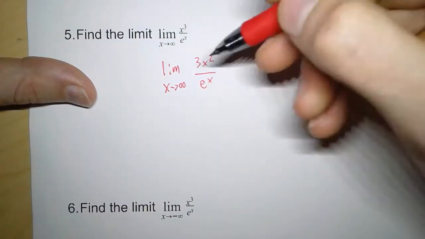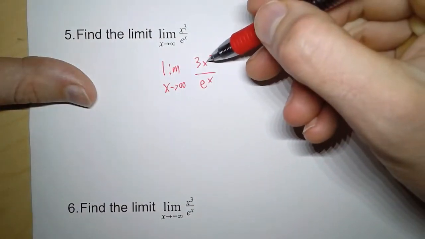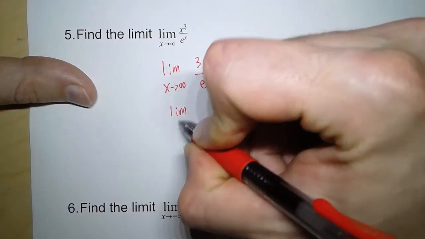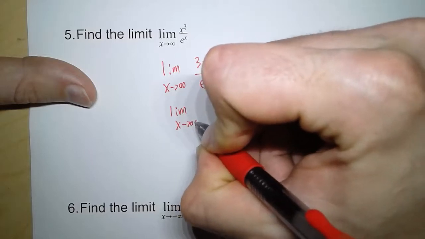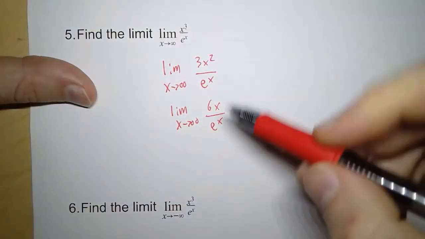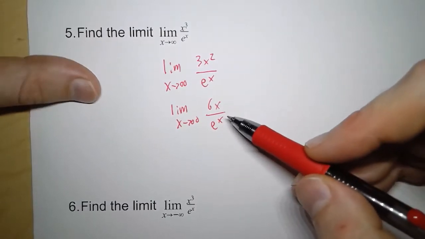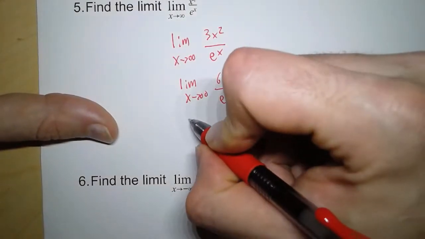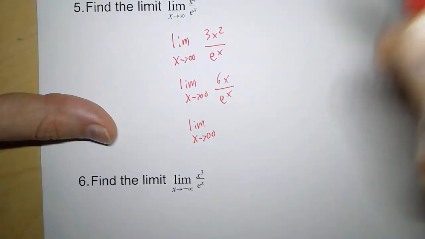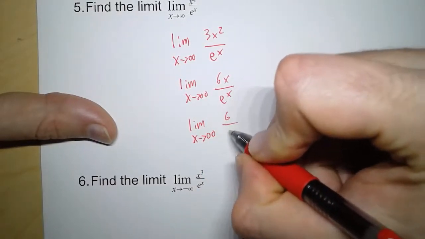Now, if I plug in infinity here, it's still going to be indeterminate, so we have to go again. Limit as x approaches infinity of 6x over e to the x. Again, still going to be infinity over infinity. So the limit as x approaches infinity of 6 over e to the x.